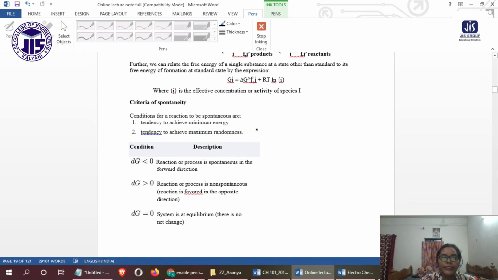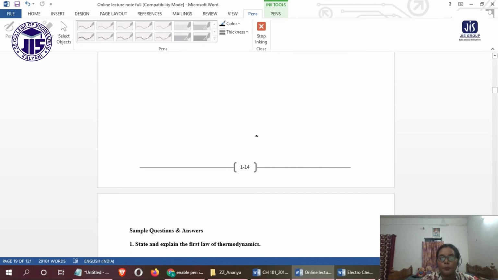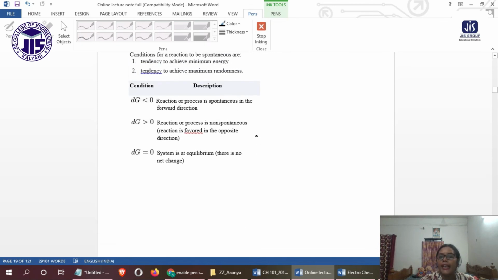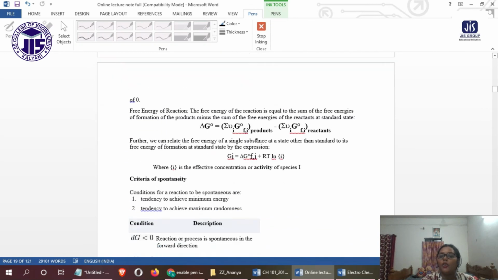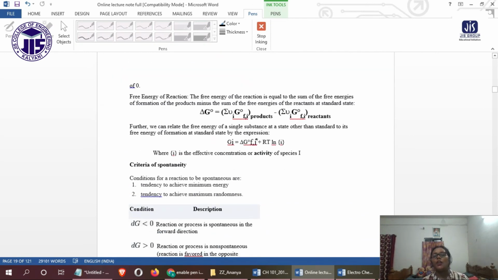So these are some of the important topics that we have for thermodynamics. Next day we will also do some problems related to thermodynamics and electrochemistry.